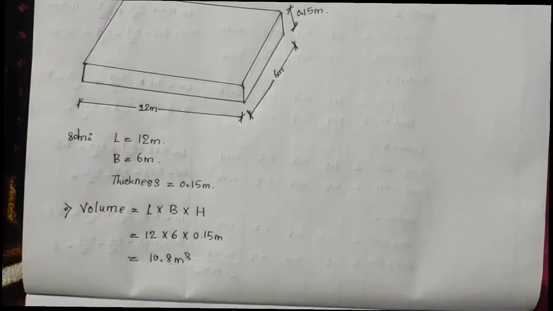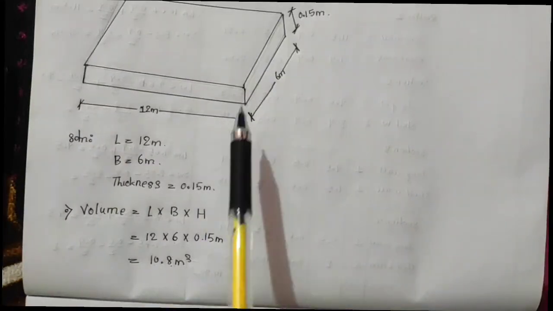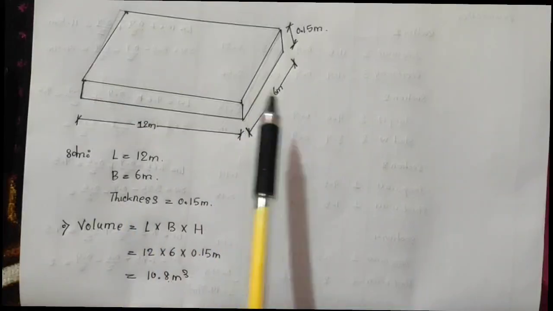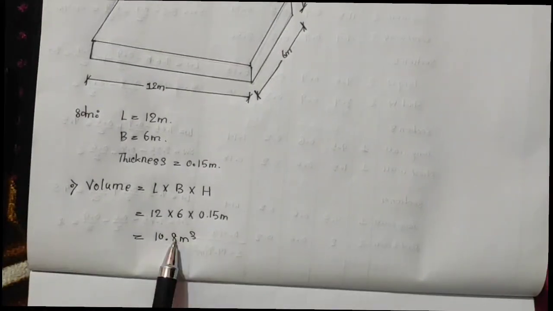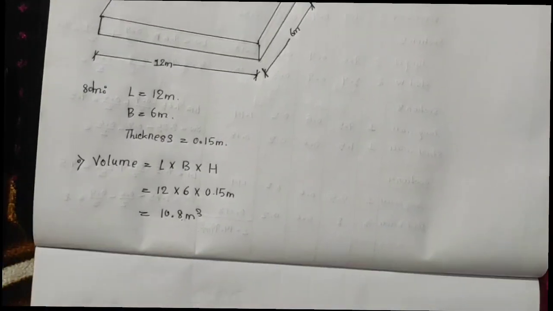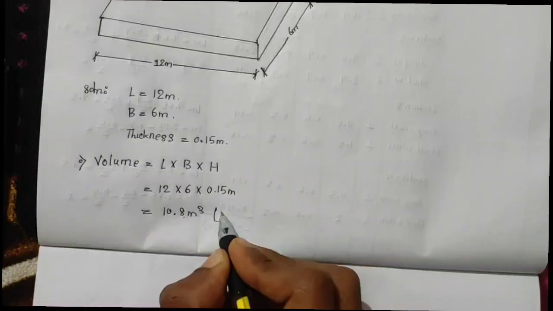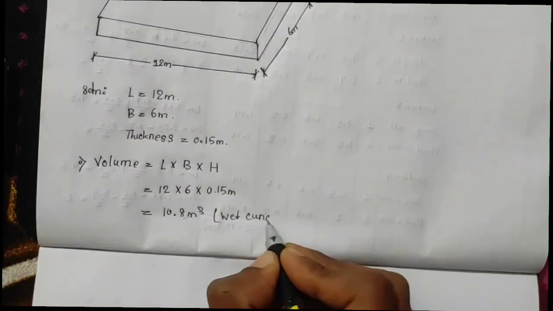This 10.8 is also known as wet concrete, because when we mix cement, sand, and aggregates together, it requires water. So it's called wet concrete. We have calculated wet concrete. Let me write here, this is also known as wet concrete.